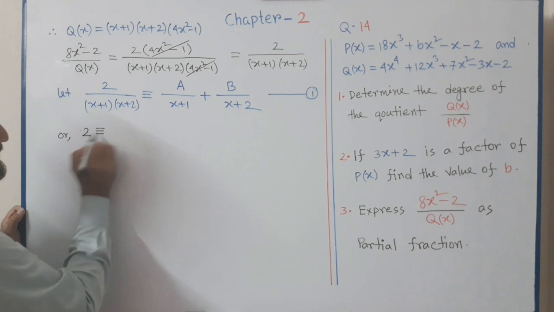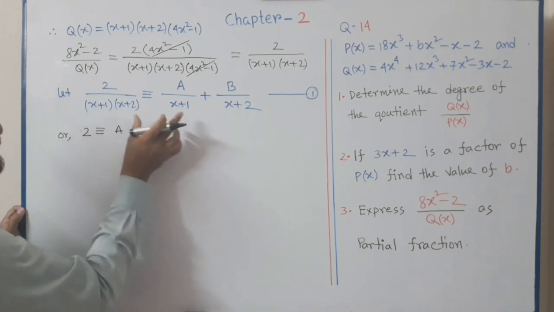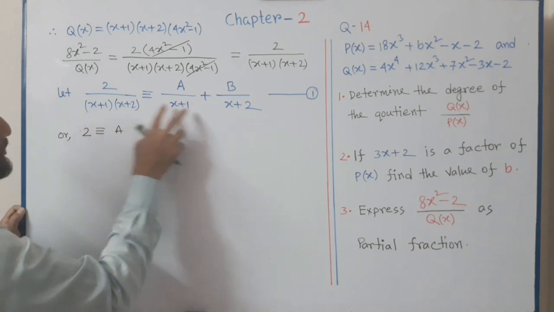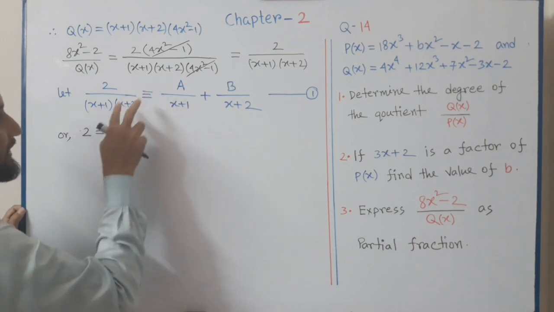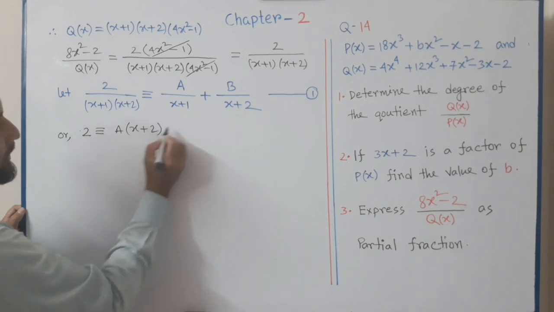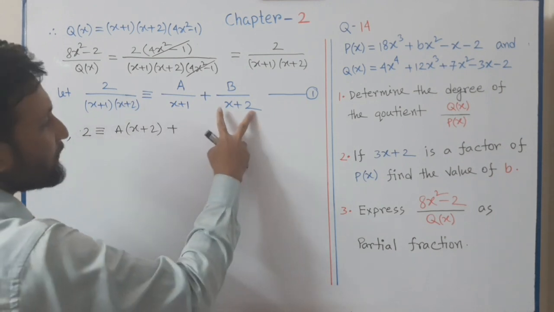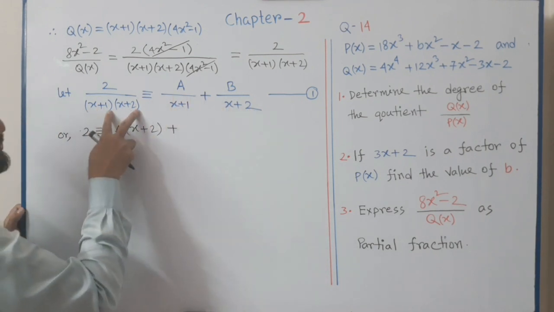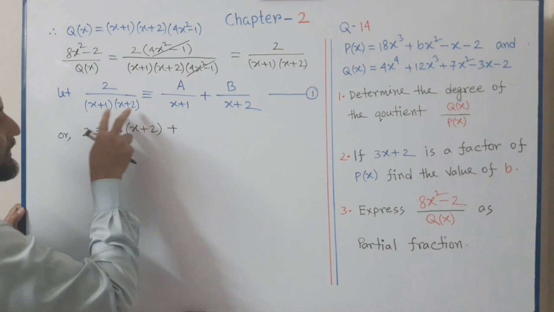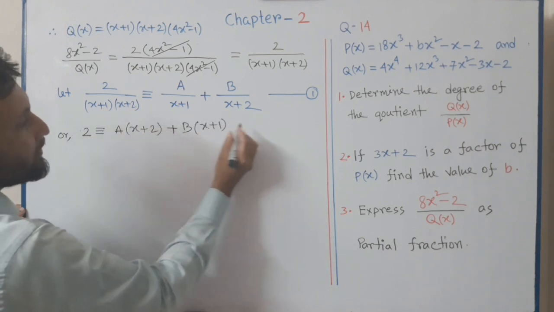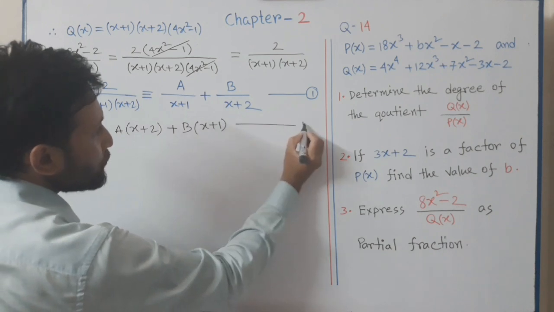And then a into, if we multiply the first part by x plus 1 into x plus 2, then x plus 1 and x plus 1 cancel, and then a into x plus 2, and then plus, if we multiply the second term by x plus 1 into x plus 2, then x plus 2 and x plus 2 cancel, then b into x plus 1. Mark this as identity 2.